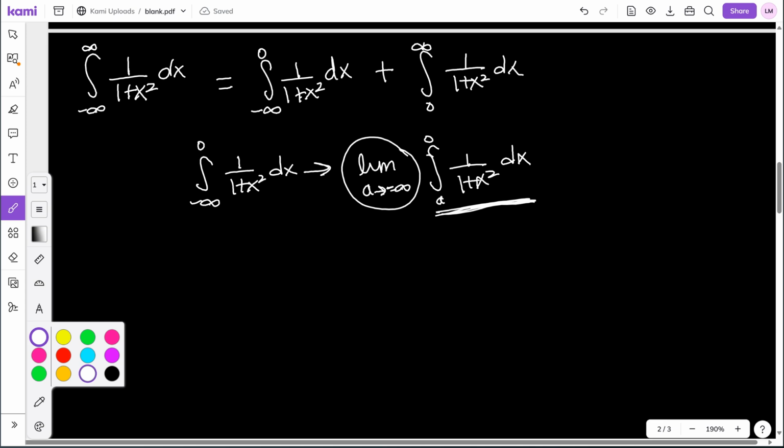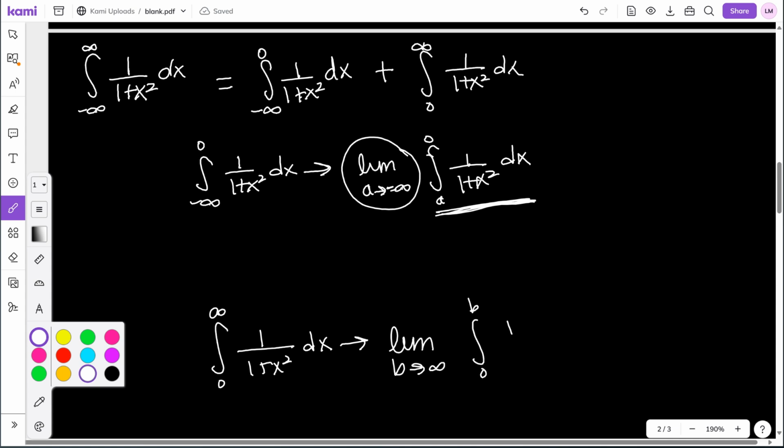And then the other split up is from 0 to infinity, 1 over 1 plus x squared dx. I'm going to split that just like the last one, as b goes to infinity, and now it's going to be from 0 to b, 1 over 1 plus x squared dx. All right, so I'll get you started on this. I know this is tangent inverse, so I'm holding on this for just a second.